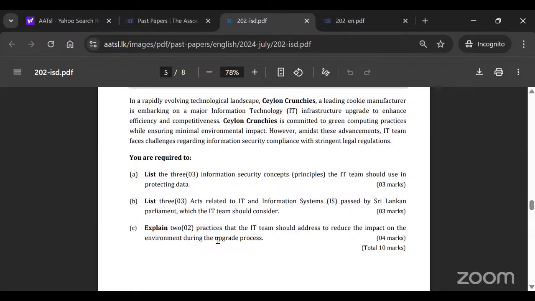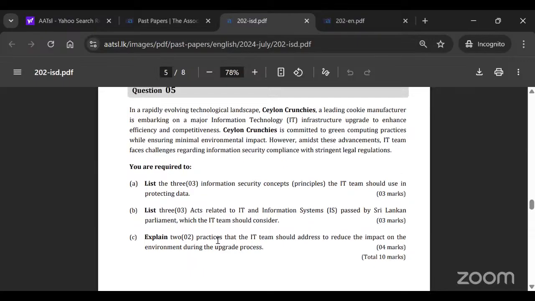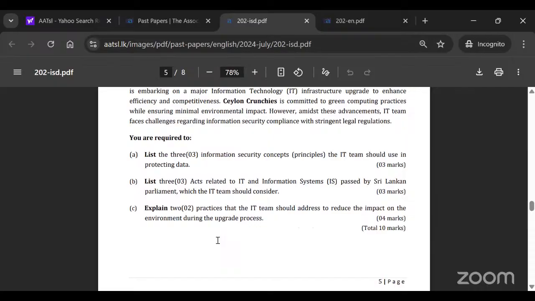Explain 2 practices that the IT team should address to reduce the impact on the environment during the upgrade process. List 3 information security concepts. Three information security concepts.